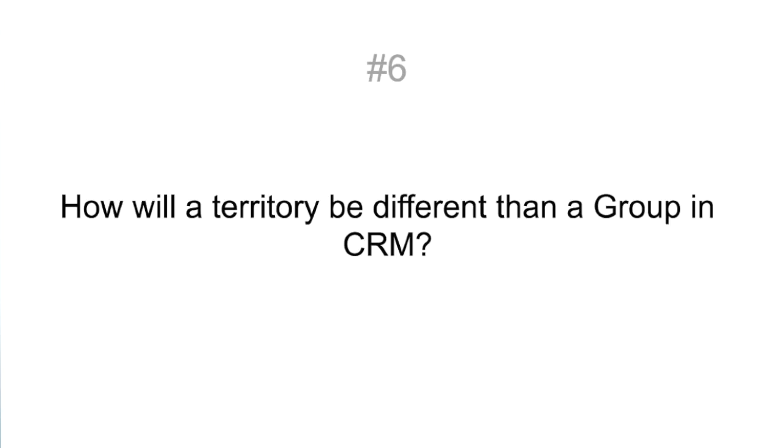How will a territory be different from a group in CRM? Territory is a superset of group and data sharing rules. In addition to that, a workflow. Group is a placeholder in role-based hierarchy. A group of users could be for team selling, but a standalone group is not going to help you much without assigning data sharing rules to those groups.